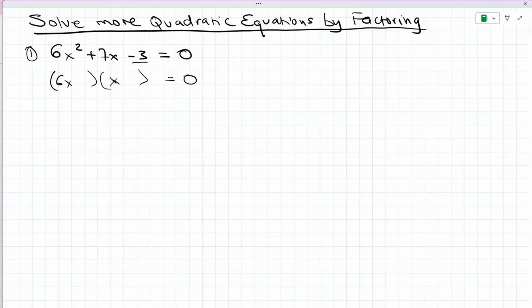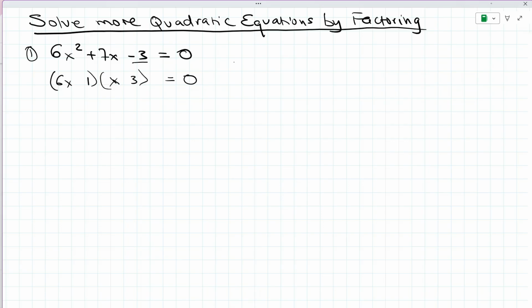So we've got to look for two factors that, when multiplied together, will give us minus 3, and that will be 3 and 1. But remember, we must have it as negative 3, so one of the two factors must be negative.